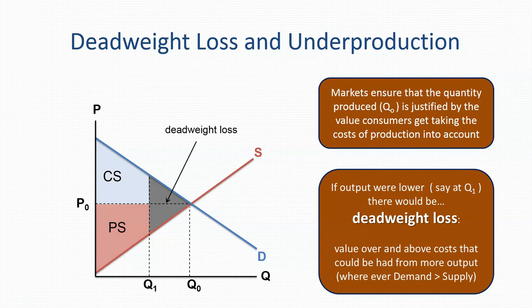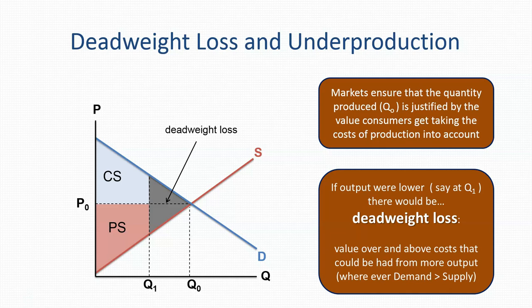In this case, you can see pretty obviously that only quantities up to Q sub 1 will be generated, and therefore only consumer surplus and producer surplus up to Q sub 1 will be generated as well. And what that means then, of course, is that other part of consumer surplus and producer surplus that we had before at a quantity of Q sub 0 doesn't get produced, and therefore the surplus doesn't get generated either.